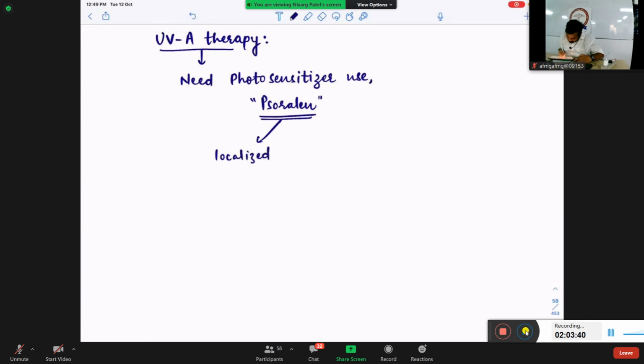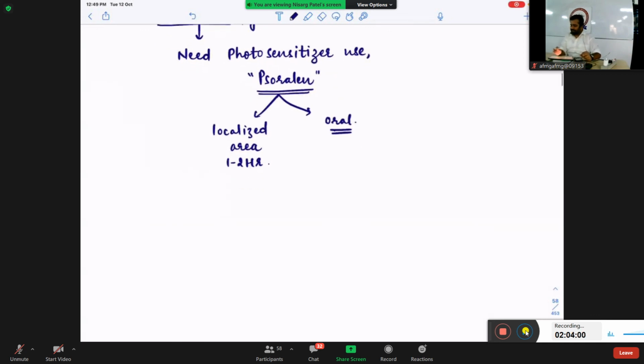We can give it in a localized area every day for 1 to 2 hours, and we can give it as a tablet also. After this, we will send the patient for ultraviolet exposure.